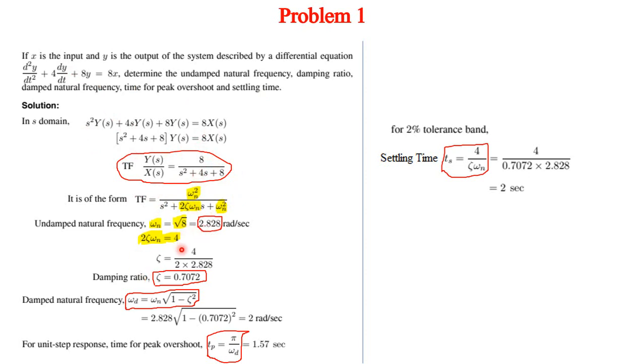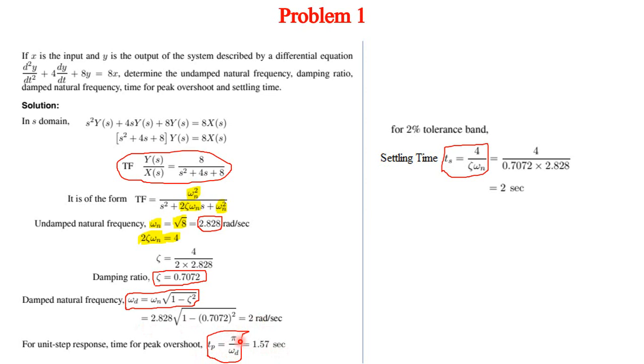From this we can find omega n and zeta. Zeta is 0.7072. For the damped natural frequency we substitute in the second order system formula, and we will get 2 radian per second. The time for peak overshoot is pi by omega d, or pi by omega n root of 1 minus zeta square. Just now we have seen omega d. Substitute, we will get 1.57.